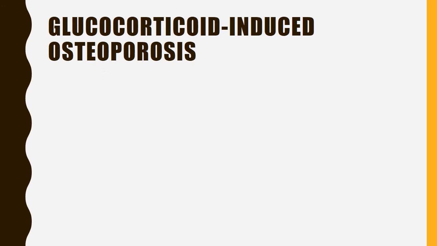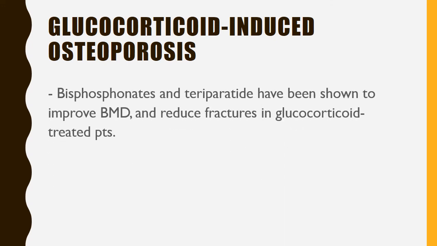Finally, we go through glucocorticoid-induced osteoporosis. Bisphosphonate and teriparatide have been shown to improve BMD and reduce fractures in glucocorticoid-treated patients. So the best usage for glucocorticoid-treated patients is bisphosphonate and teriparatide.